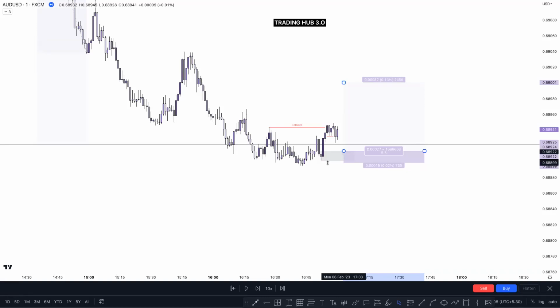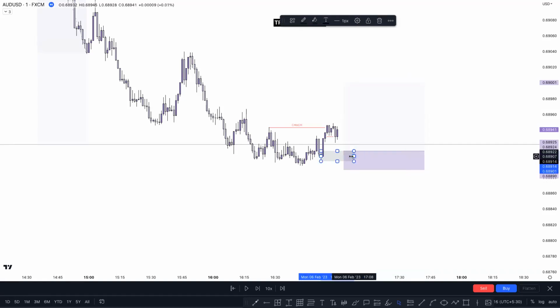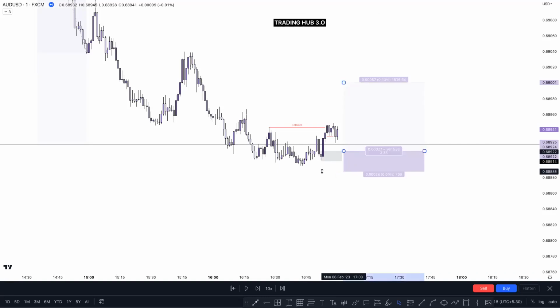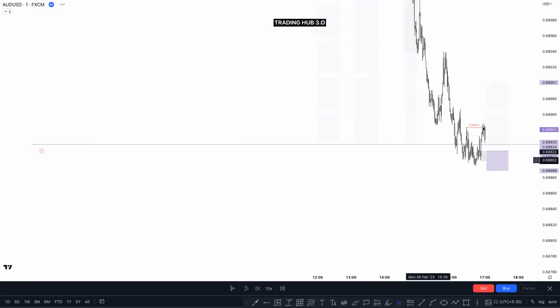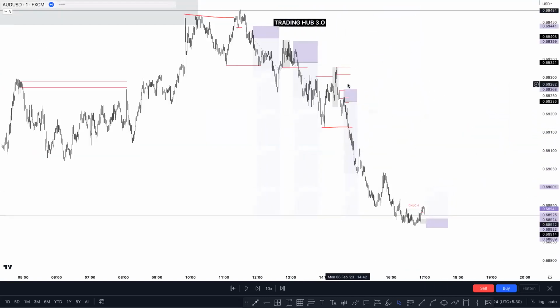This is very small stop loss, 1.5 pips. For the safer side, you can put it just below, right? This is a very good stop loss here, 2.5 pips. And where is the target? Target almost here.